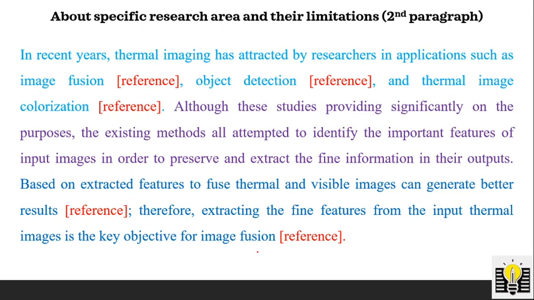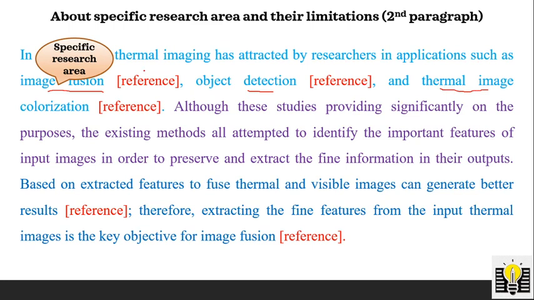Then after that you have to introduce the specific research area and its limitations. That is very important. In the second paragraph you can introduce a specific research area, like thermal imaging, which has attracted researchers in applications. Here there is one important point I would like to say. We are writing the statement that thermal imaging is attracting researchers in applications such as image fusion and object detection in thermal images.